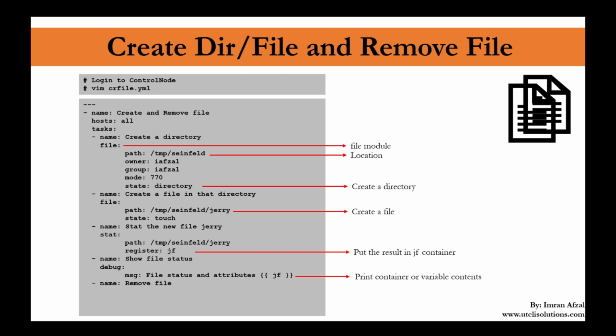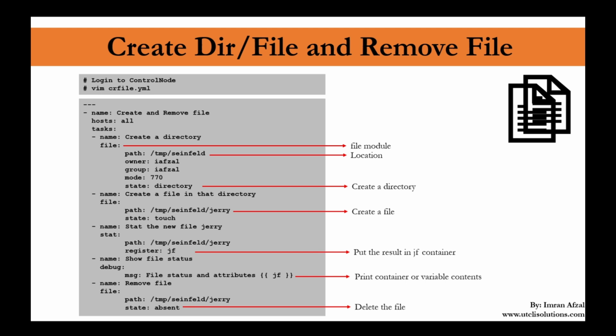The last thing we want to do in this task is remove the Jerry file. We'll use the same file module; to create or remove anything, we need to use the file module. We'll use the path, where that file is located, and the state. What do you want to do? Now you want the state to be not touch, but instead absent, so it will remove it. This will delete that file.